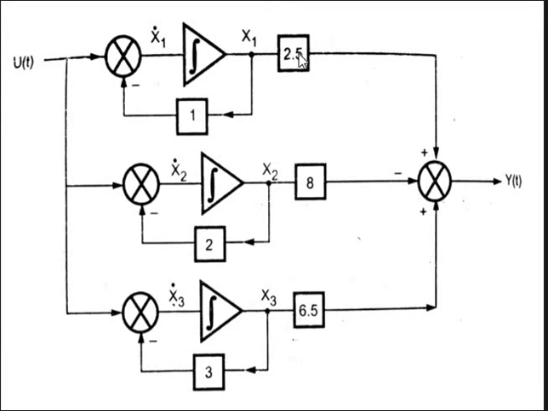First value is 2.5, second value is 8, third value is 6.5. Here minus is there, so first value plus, second value minus, third value plus. So the C matrix is 2.5, minus 8, plus 6.5. C matrix completed, and D is 0.